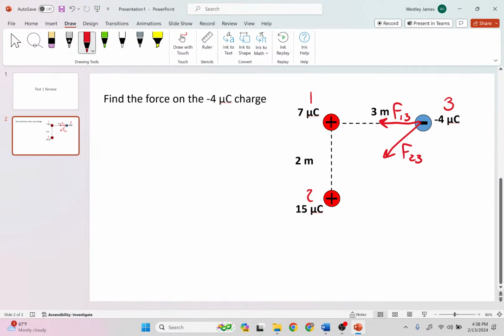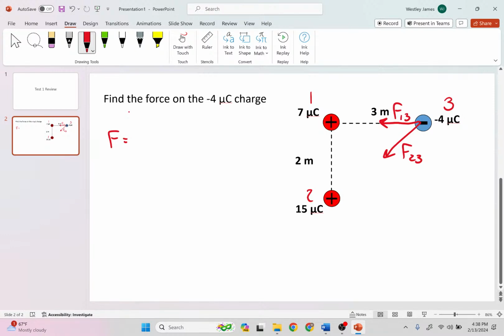So this problem basically boils down to sum of forces in the x, sum of forces in the y. Yeah, we're gonna have to do all that. So, but for now, let's just calculate F13. What's the equation? See if you can figure out the equation for the force acting on 2 point charges. That's the next step to kind of think about.